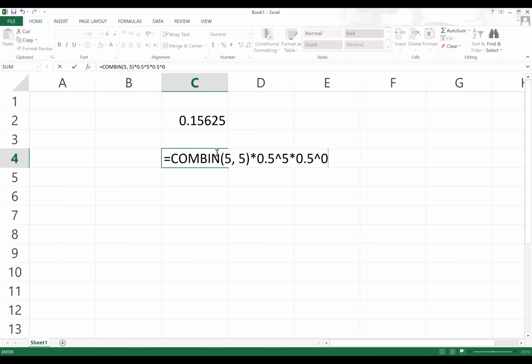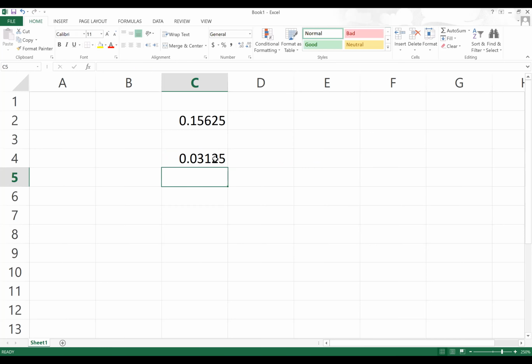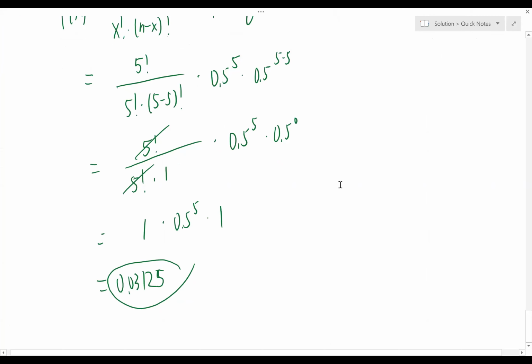And that should give us a result. Right? There you go, it's 0.03125. And you can easily verify that. So any question on this example?